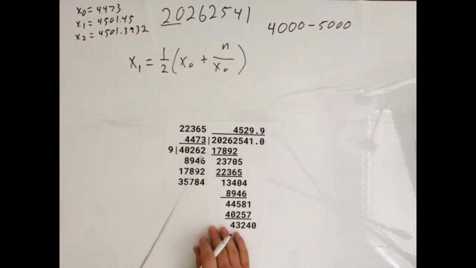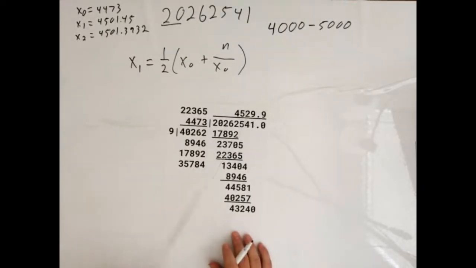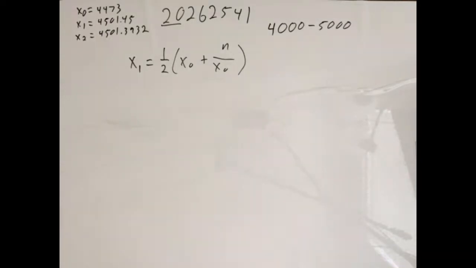Now that we went through the step to do the linear interpolation, which was a very simple division, we then take x0 and divide it into the original number, and we get our first division. And then I go through the steps to do the long division to get that answer.